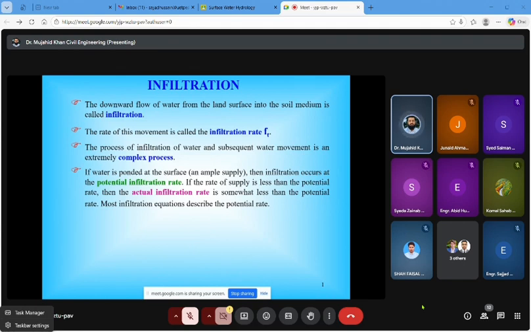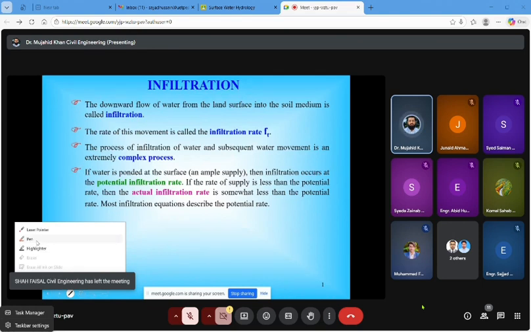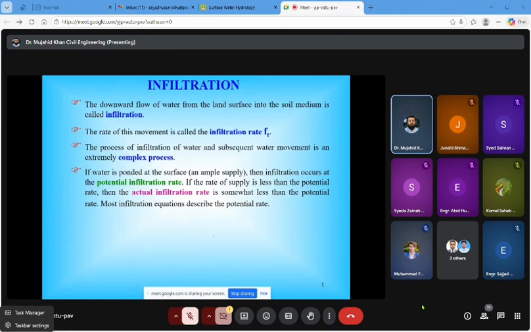If the water is ponded at the surface in ample, meaning sufficient, quantity, then infiltration occurs at the potential infiltration rate, meaning the maximum rate of infiltration, the capacity it has.